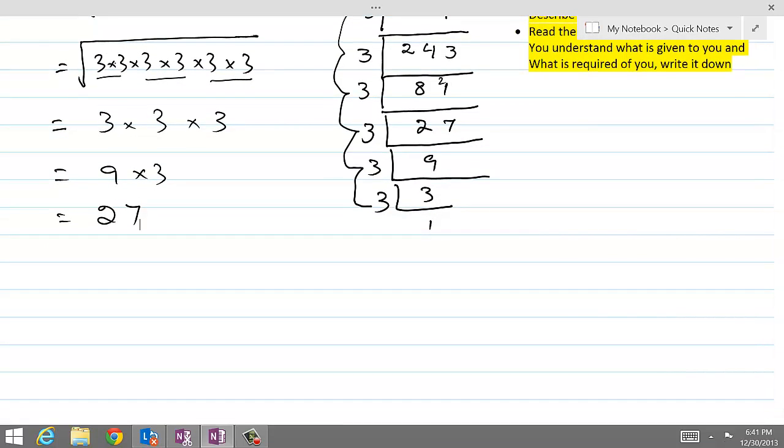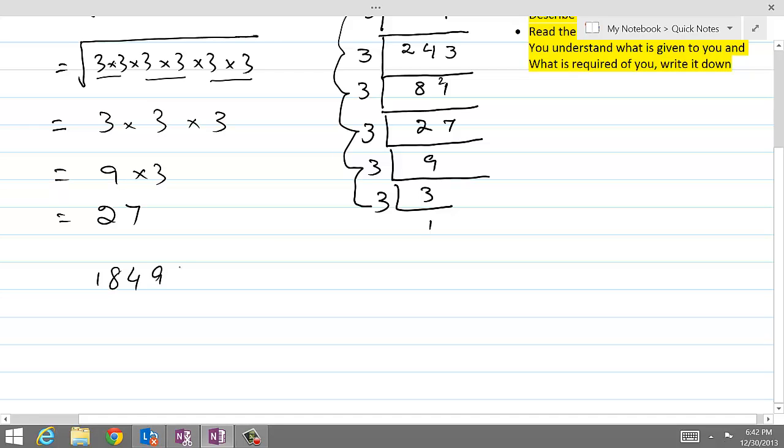Let's try the same thing with 18,496. The square root of 18,496, and we'll use the same technique again.